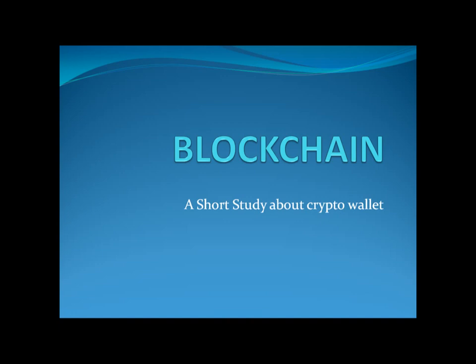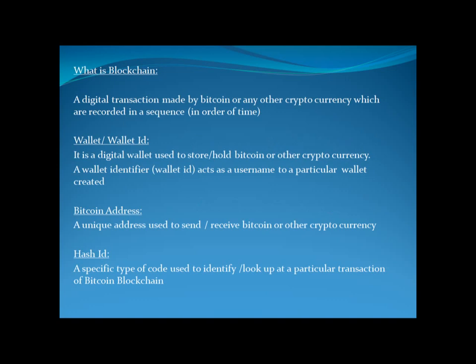Right. So moving on to the presentation, I named it Blockchain, a short study about crypto wallet. First things first, let's try to understand what you mean by blockchain, the basic one. A blockchain is nothing but digital transactions made by Bitcoin or any other cryptocurrency, which are recorded in a sequence or in an order of time.